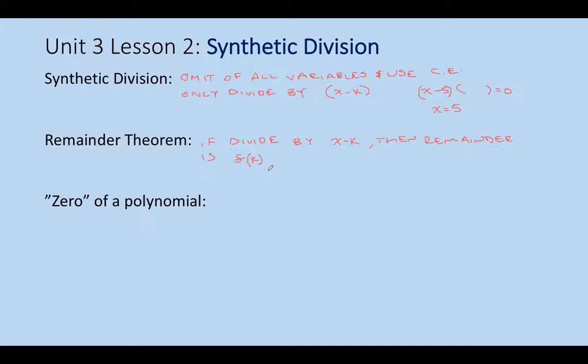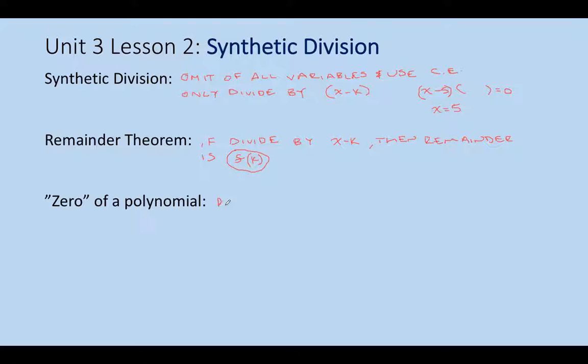So the converse, meaning the remainder of f of k, is going to be this. Essentially we can evaluate a function by using synthetic division, and the remainder is going to be our answer to this right here. So instead of plugging some number in for x wherever we see the x, we just do the synthetic division and get our answer.